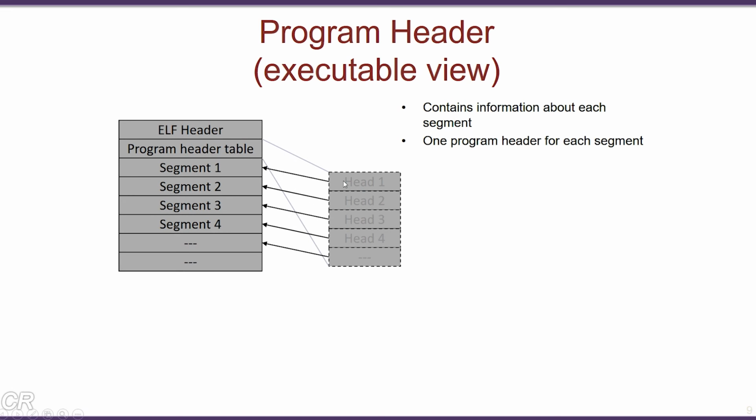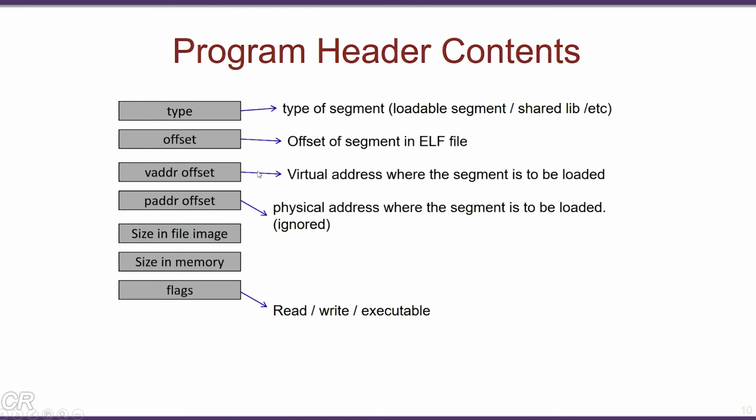There would be one header corresponding to each segment. The contents of a program header would look something like this. It is also defined by a structure and has various entries, and each program header is associated with one program segment. The contents of the program header are as follows.